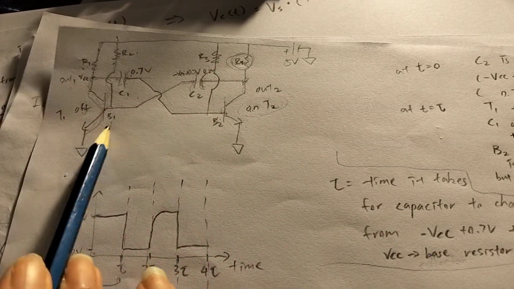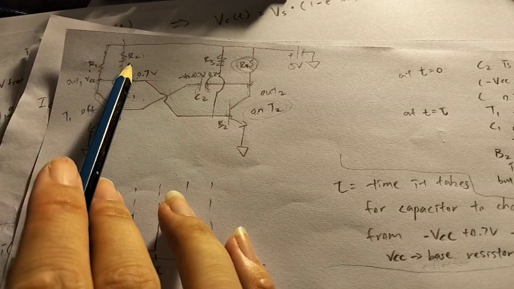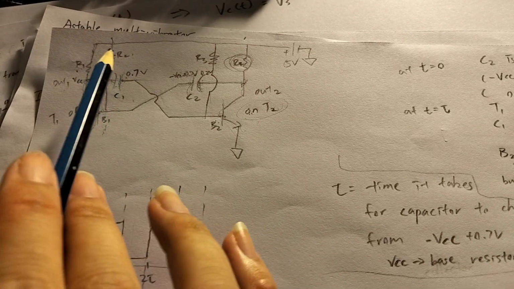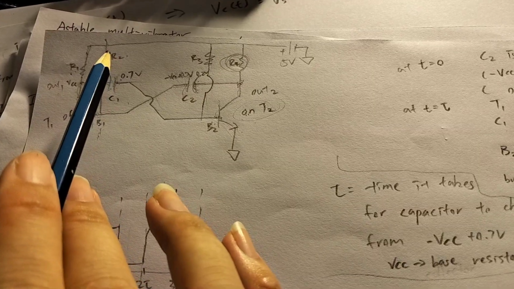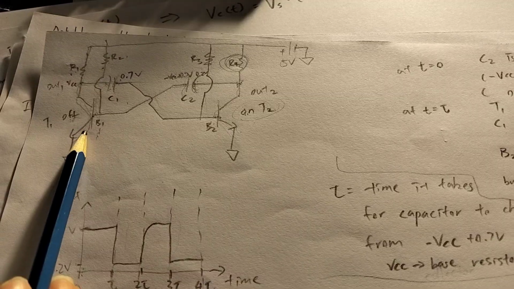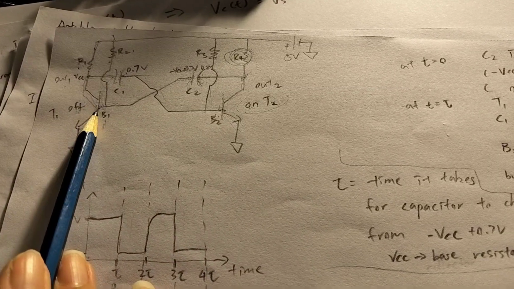For me, initially I picked R1 to be 2K, and then R2 to be 20K, and that worked. It drove the transistors in saturation, but then it didn't allow the transistor to hit cutoff, which is very strange.